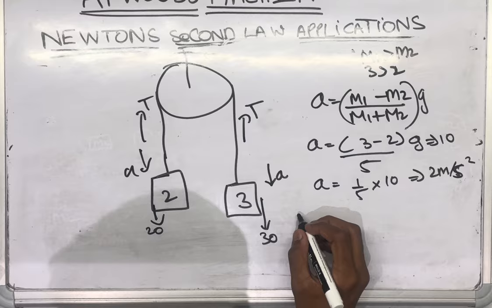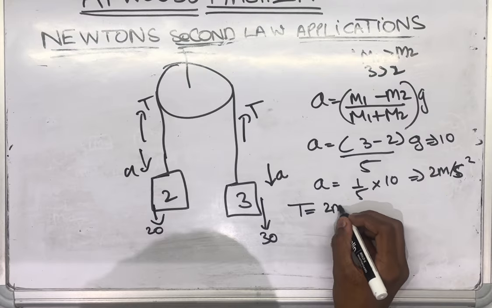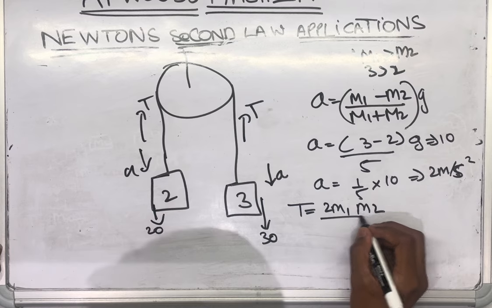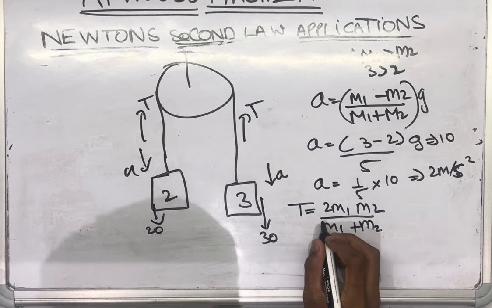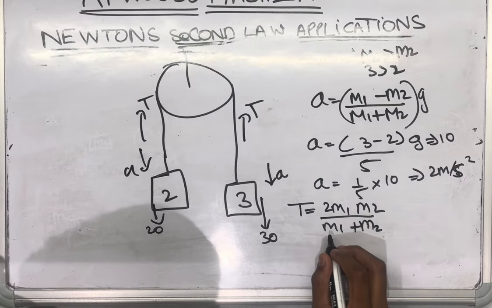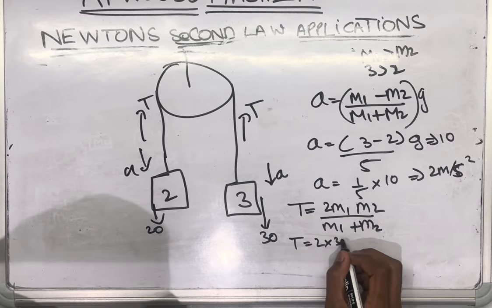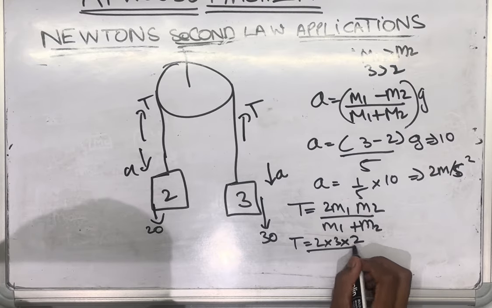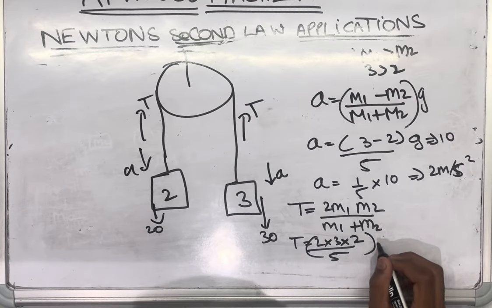Now let's give an attempt to try finding out tension. Tension is equal to 2 M1 M2 by M1 plus M2 into g, right? So M1 is 3, M2 is 2. Tension is equal to 2 into 3 into 2 by 5 into g, right?